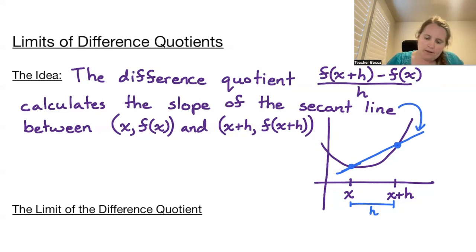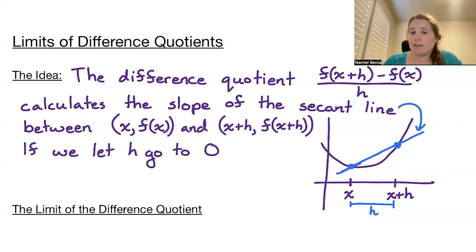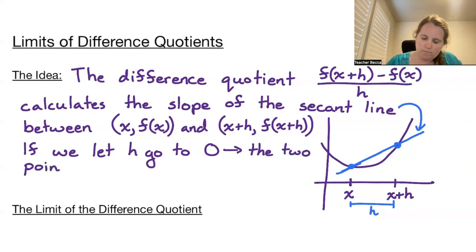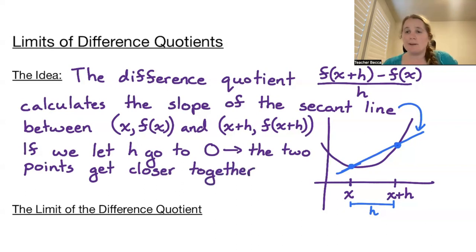So if we let h go to 0, then the 2 points get closer and closer together. And the secant line approaches what is known as the tangent line.